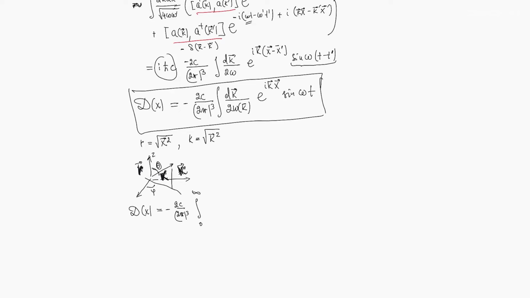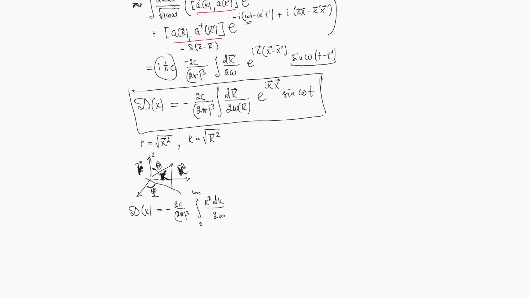So then it gives me the integral from 0 to infinity k squared dk, passing to spherical coordinates, times omega sine omega t.